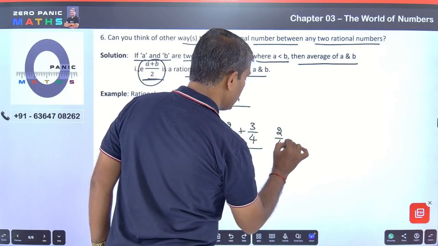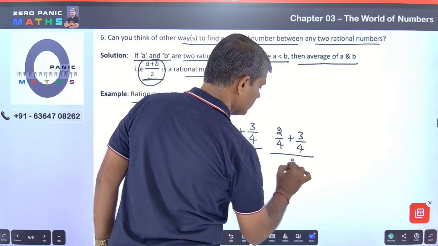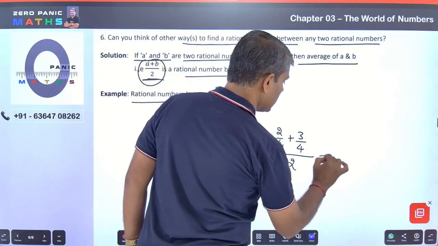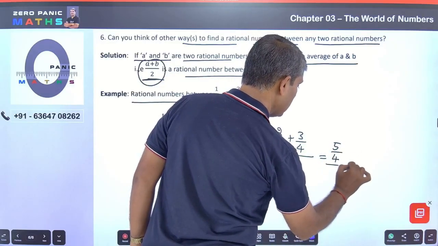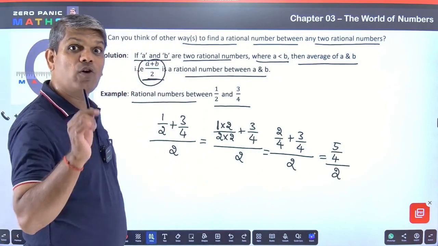Then 2 by 4 plus 3 by 4, divided by 2. So it is 2 plus 3, that is 5 by 4, divided by 2. 5 by 4 is a fraction.